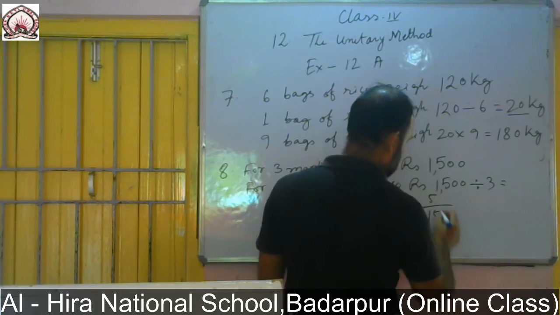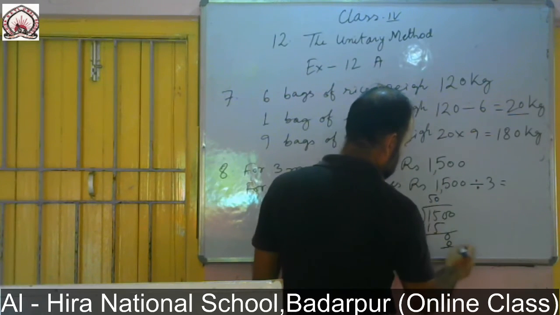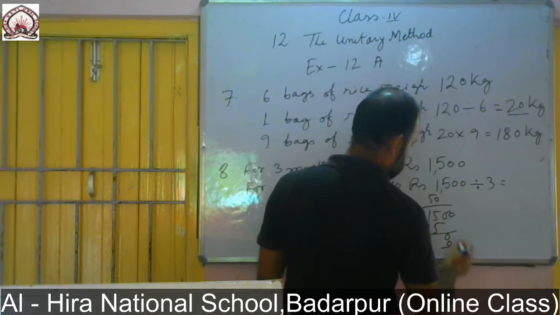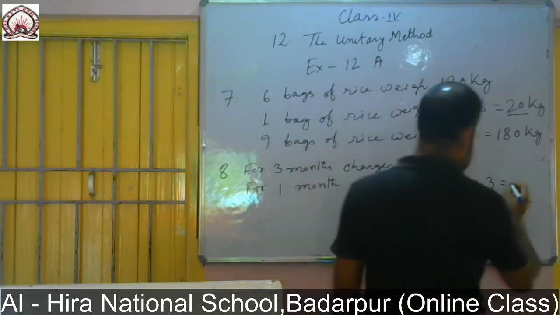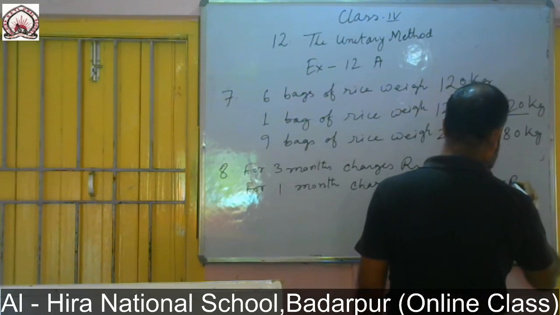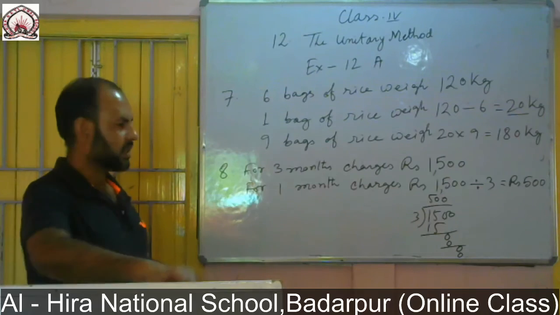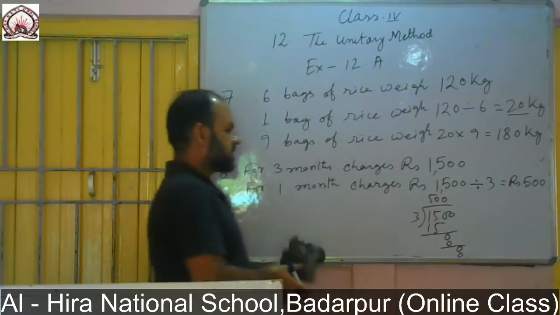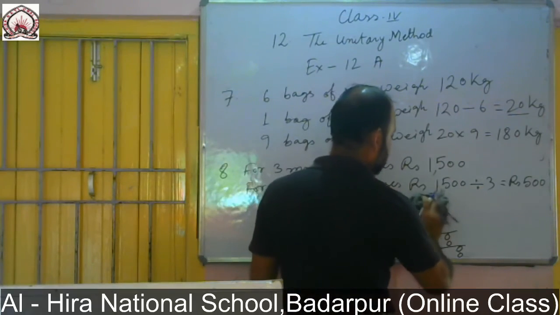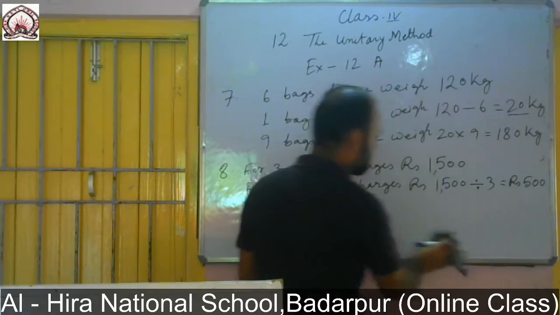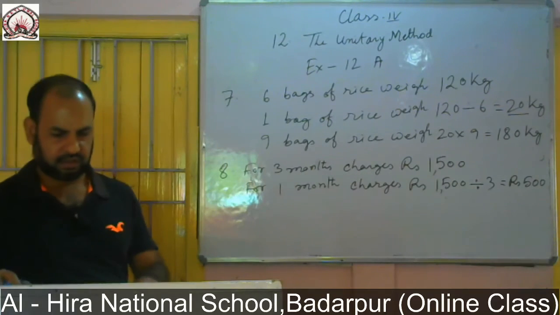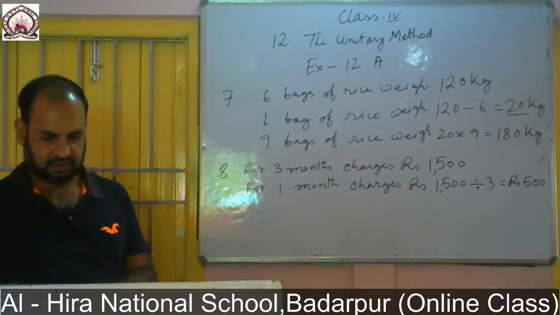Here remains 0, 3 zeros are 0, again remains 0, again 3 zeros are 0. That means 500 rupees. 500 rupees for 1 month. Now we take out for a year.